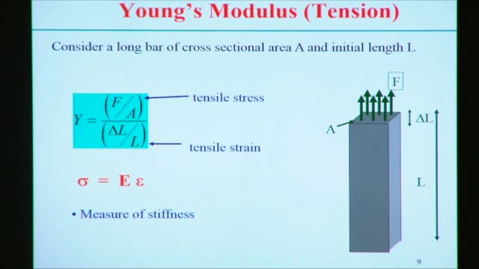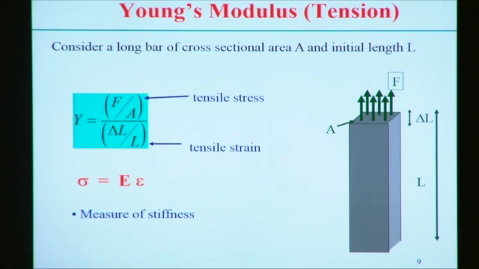At the same time, there is a deformation along the direction of the force, that is delta L, and that increment of the deformation with respect to the initial length can be considered as a tensile strain. So the ratio of this tensile stress to tensile strain is considered the Young's modulus.